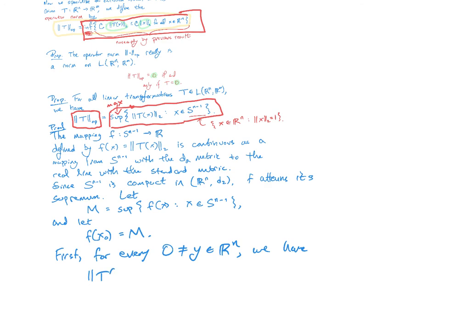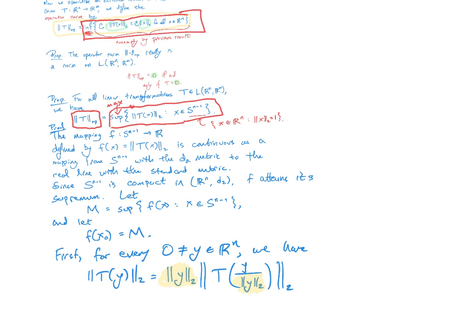We want to know the 2 norm of T y. This is a mess here, but it's not all that complicated. We pulled out that scalar. To pull out that scalar, we just divided by it. The reason we can do that, well, I mean, we need two arguments for this.